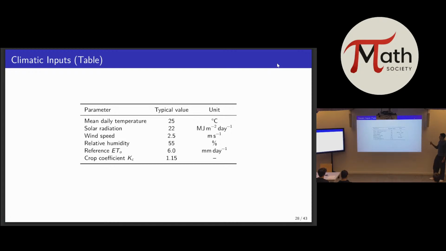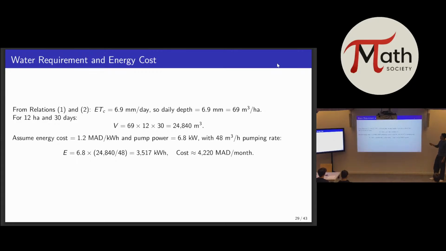We have a reference ET0 of 6.0 millimeters a day, and crop coefficient Kc of 1.15. So we are using the water requirement and energy cost formulas, and also the first formulas that we had about ETC, the evapotranspiration. As I said, we are not using the second formula because we don't have a rainy day. After computation, we assume the energy cost is 1.5 dirhams per kilowatt-hour, and pump power is 6.8 kilowatts with 48 cubic meters per hour pump rate.